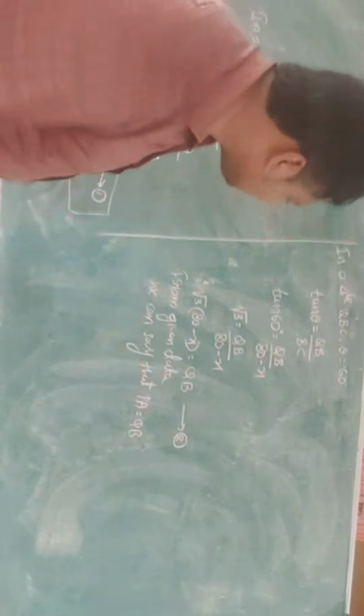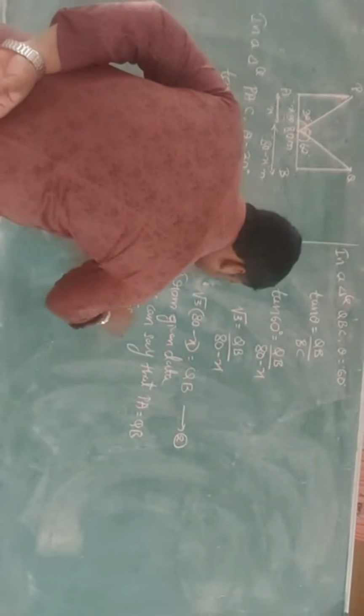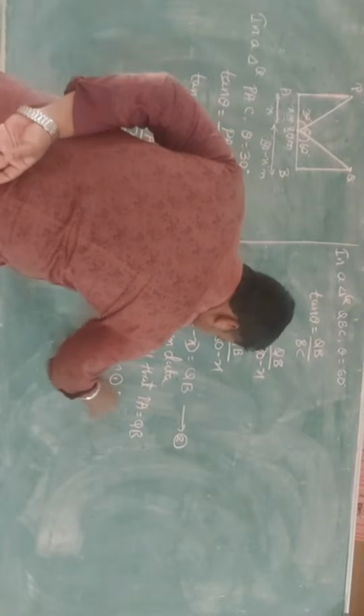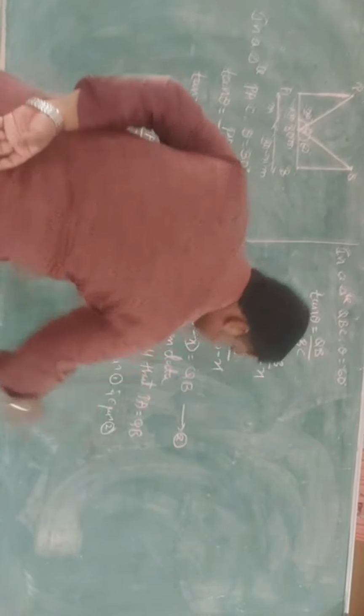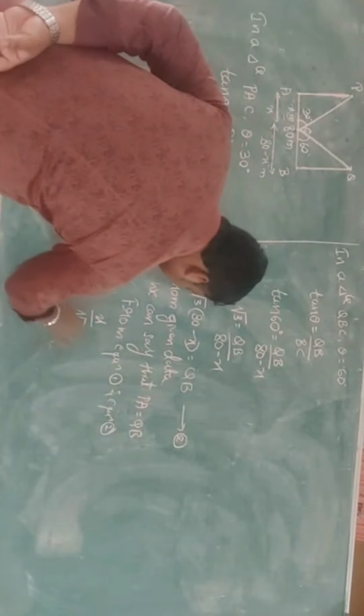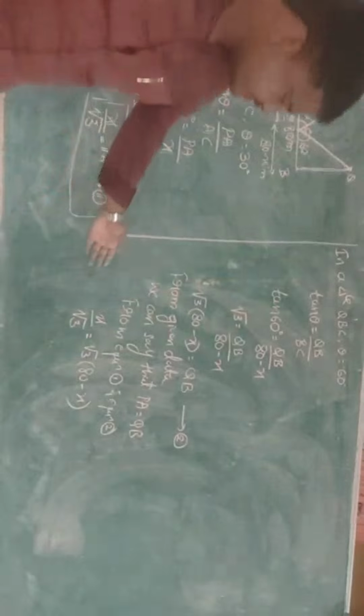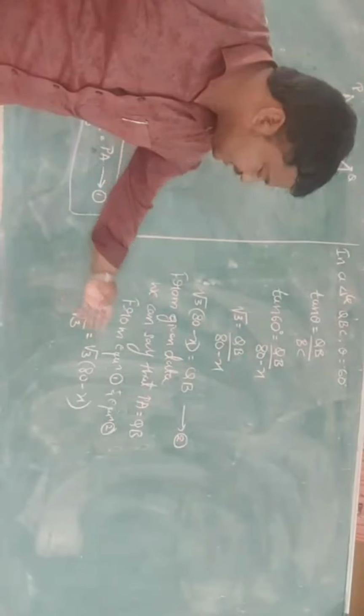From equation 1 and equation 2, can you write it as x upon root 3 is equal to root 3 into 80 minus x? Can I write like this?